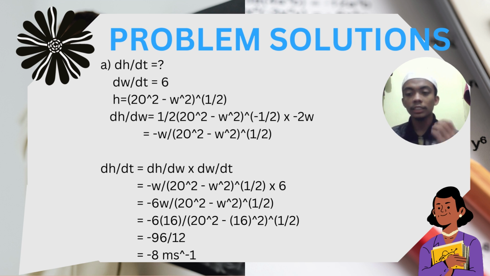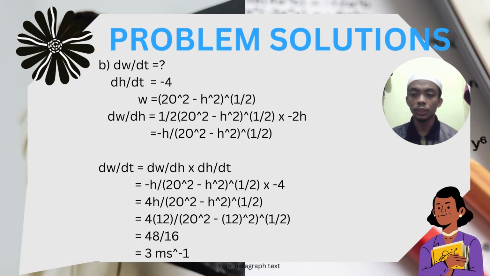We then get negative 96 over 12, and finally the answer for this question is negative 8 ms^-1.